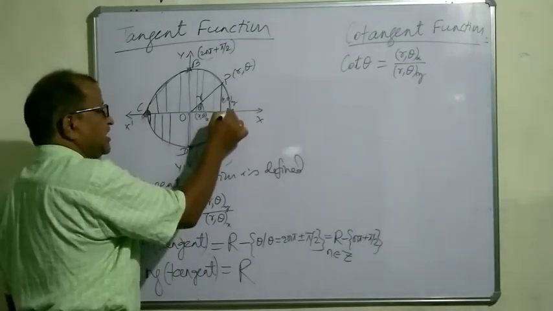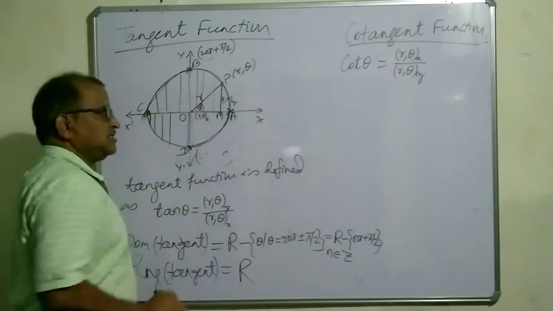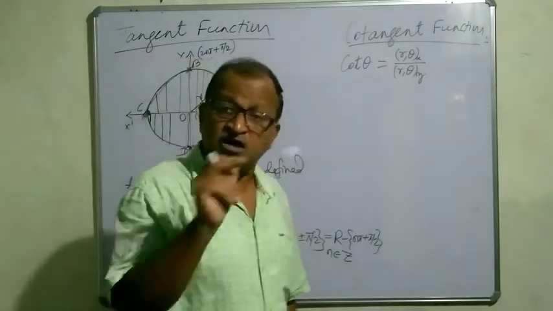That means again it will be 2 pi, 3 pi. At these points the cotangent function will not be defined.